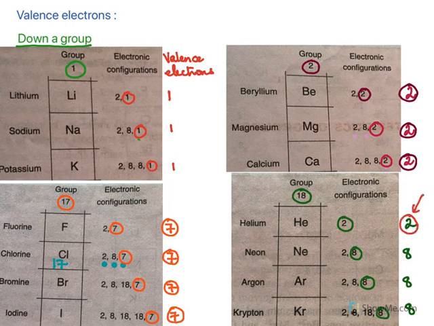This is the only exception in group 18. Group 18 have valence electrons 8, and because they have valence electrons 8, they are inactive. They don't find the need to share or lose electrons. They have a complete octet state. So this group 18 is sometimes called noble gases.